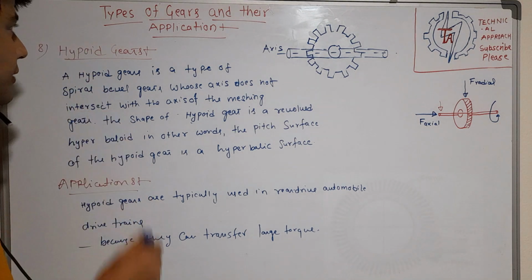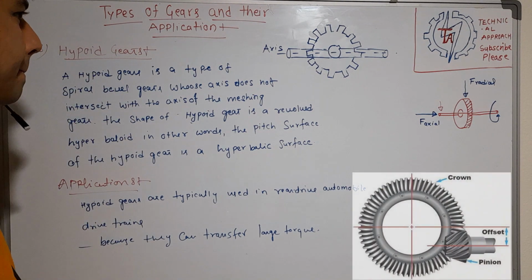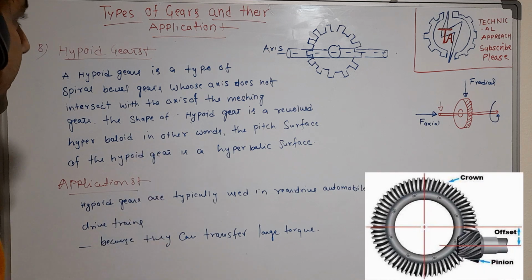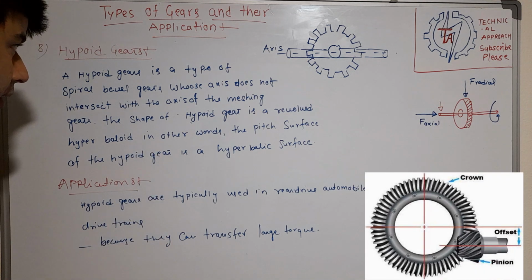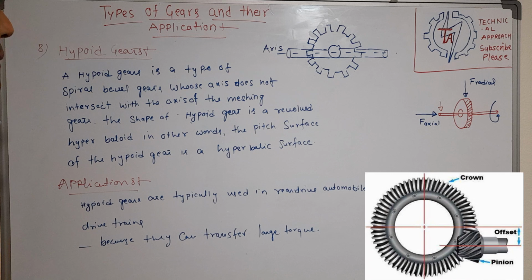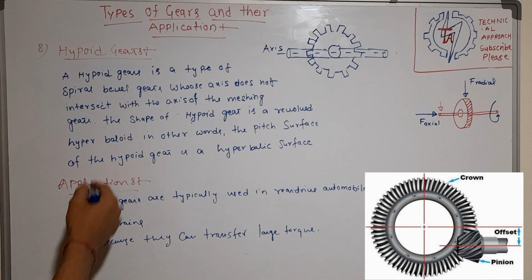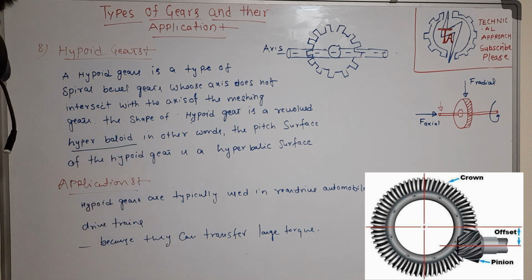Next one is hypoid gears. A hypoid gear is a type of spiral bevel gear whose axis does not intersect with the axis of the meshing gear. The shape of a hypoid gear is a revolved hyperboloid.